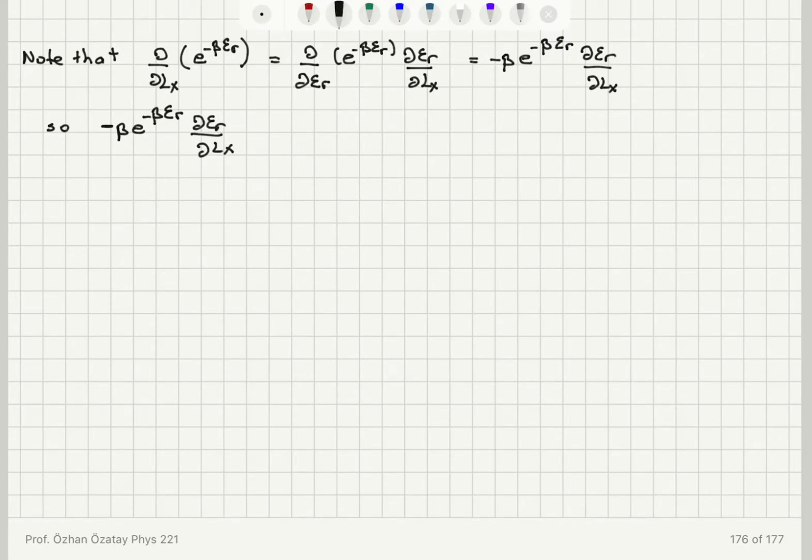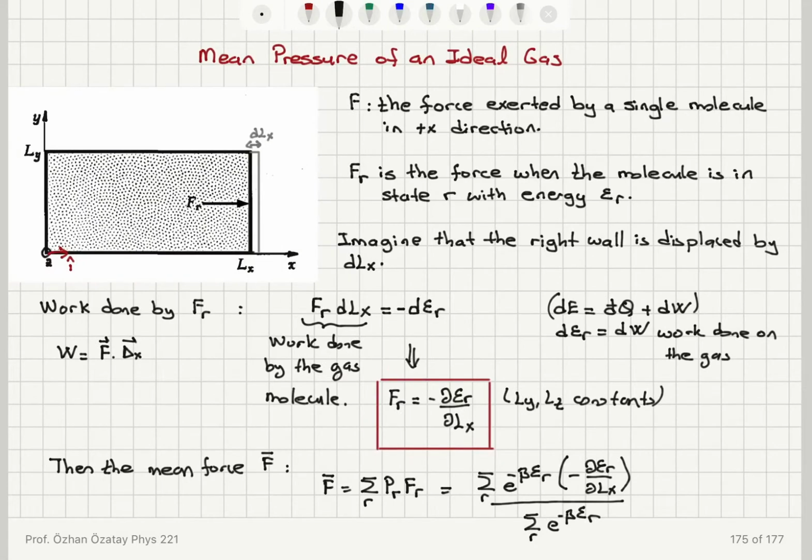This is basically equal to the derivative of e to the minus beta epsilon R. So what I have here is the Boltzmann factor multiplied by minus the derivative of epsilon R with respect to Lx.